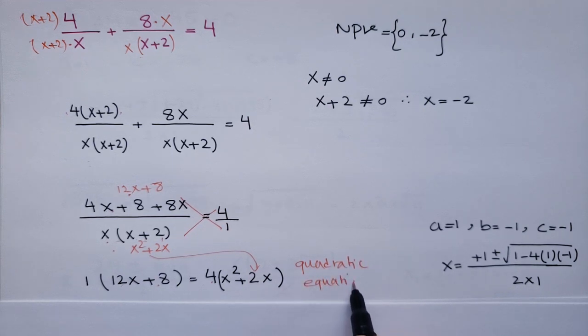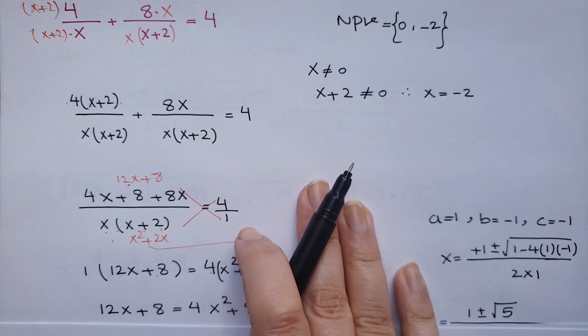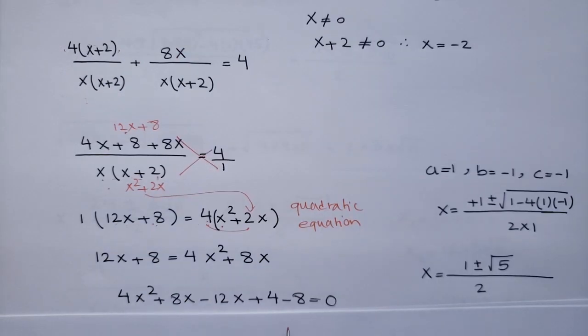In order to solve a quadratic equation, you have to move everything to one side, okay? So what I'll do here, I'll just do some simplification and moving around. So 4x squared, 8x, and then on this side I have 12x plus 8. So I move everything to one side, 4x squared plus 8x. This one will be moved to this side, so that would be negative. The sign will flip. Negative 12x, negative 8.